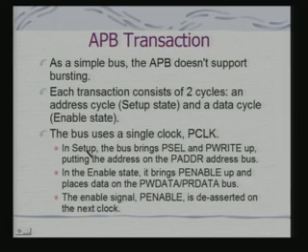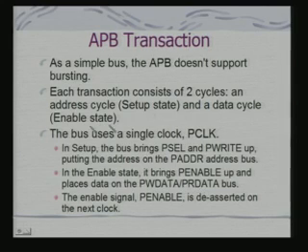In setup, what happens? The bus brings PSELECT and PWRITE up, putting the address on the PADDR bus. These are the address lines. So, the address is put on the address bus. In the enable state, it brings PENABLE up and places the data on the PWDATA or PRDATA bus.